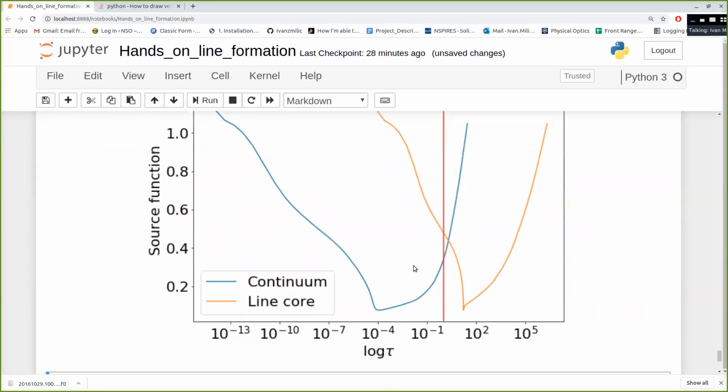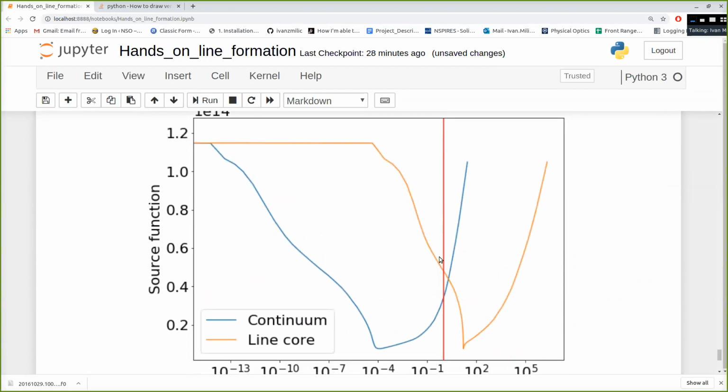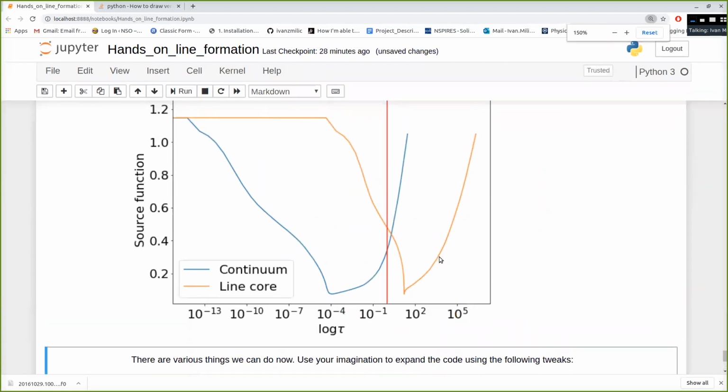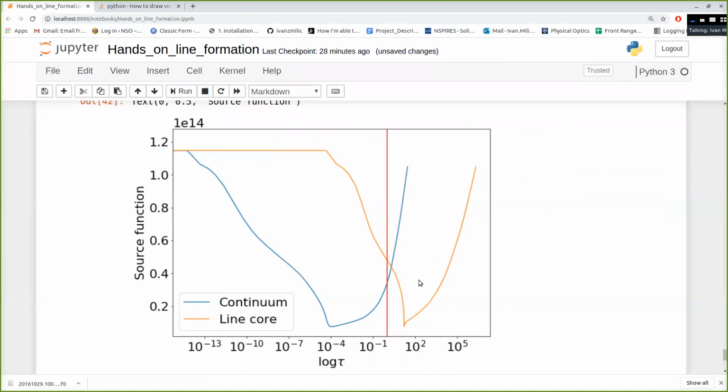So this line tells us where the optical depth is equal to 1, but keep in mind that these are now two different optical depths. I will unzoom a little bit. Blue is for the continuum, orange is for the line core, right?